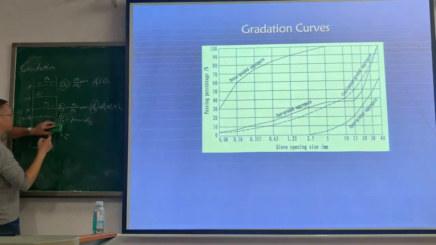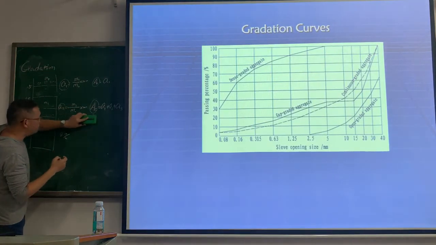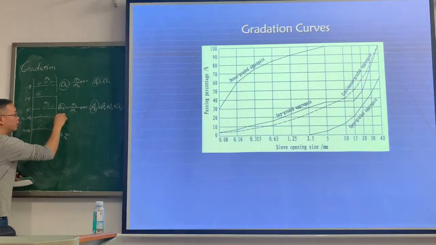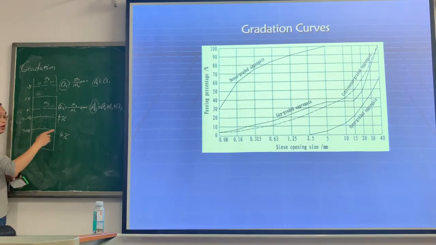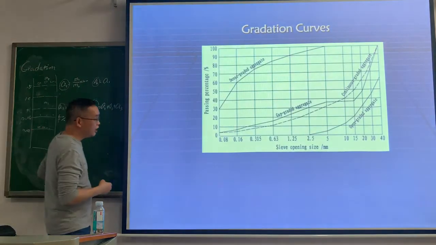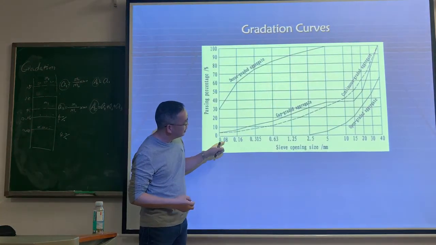And for this day, the passing percentage is 5%. So it means there is 1% of aggregate at this stage.